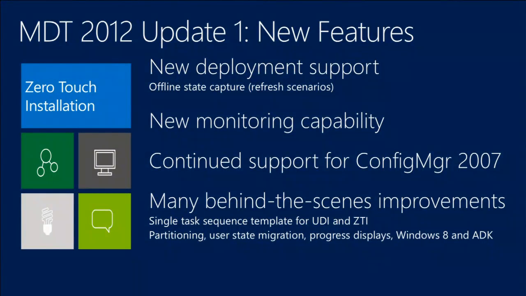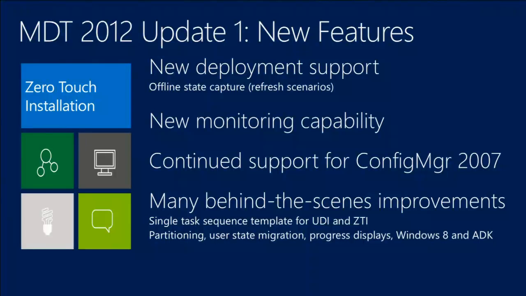And as we did with LTI, we made a whole bunch of additional behind-the-scenes improvements. And one thing to note here is with ZTI and UDI, we've now combined the template for that. So the task sequence template is one for both of those scenarios.